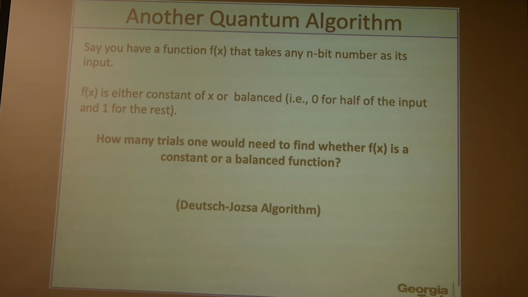Say for example n is 10, then you will need at least 500 or something close to 600 trials here. On the other hand, with this Deutsch-Jozsa algorithm, you can do the entire thing in one shot. So that's kind of the power of quantum computing. For certain kinds of tasks, you can exponentially reduce the number of steps that you need to achieve a computation. So that's the main thing here.